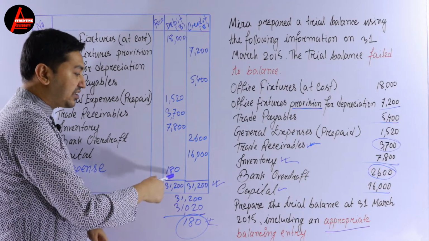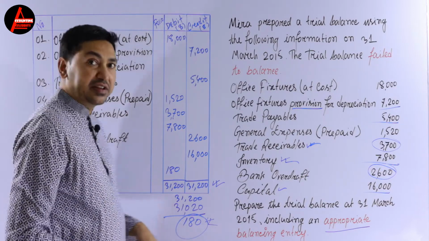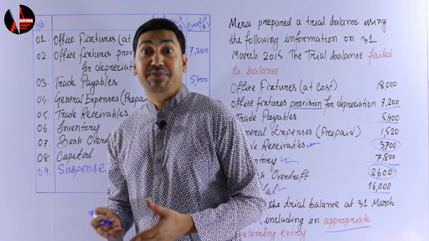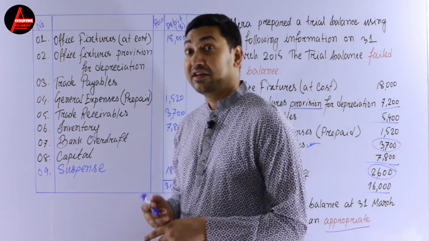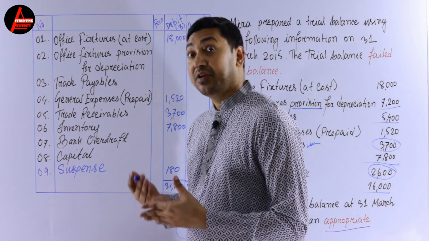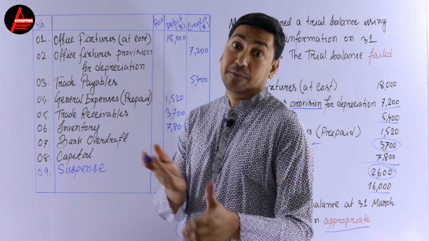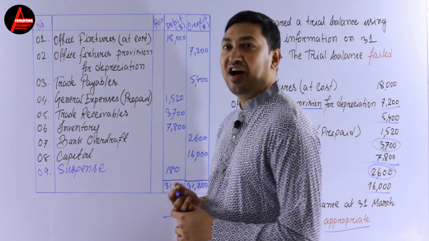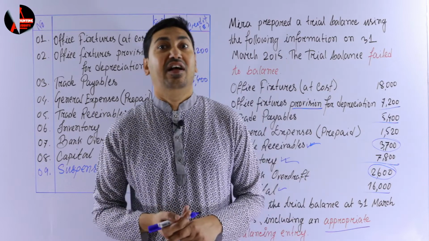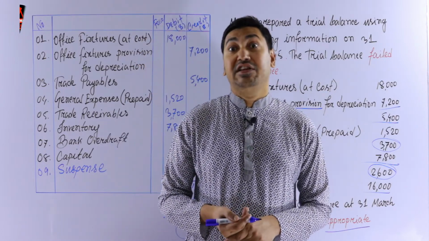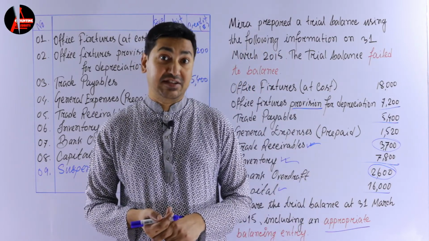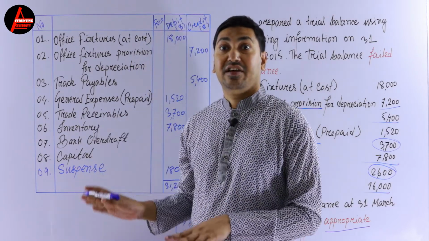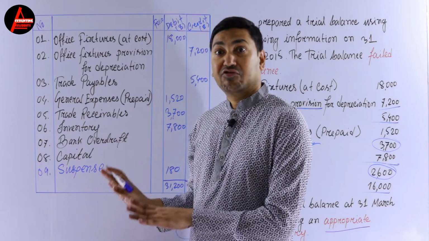So now you can understand that a suspense account is used to rectify the trial balance for a specific period of time, until you can discover the mistake that happened in the previous accounts. So this is how you need to insert a suspense account in the trial balance when it is imbalanced. I hope you understood and learned how to insert a suspense account in the trial balance.